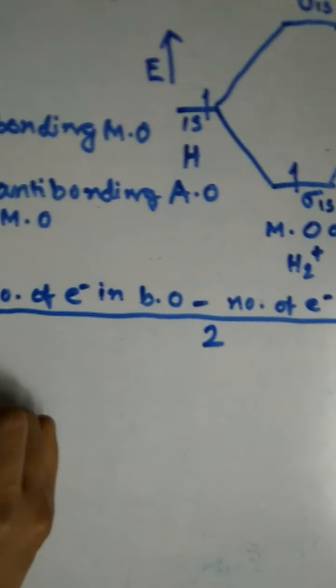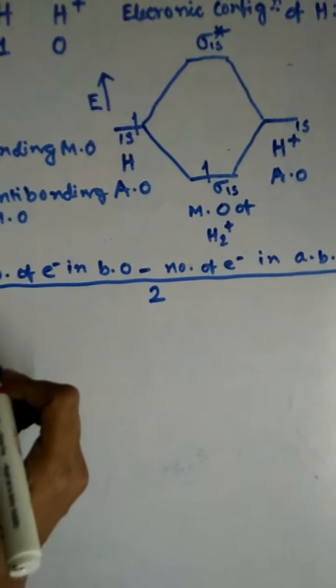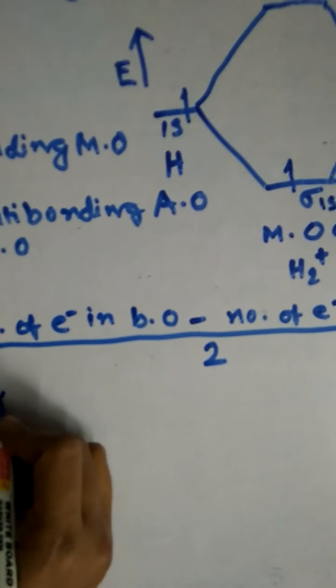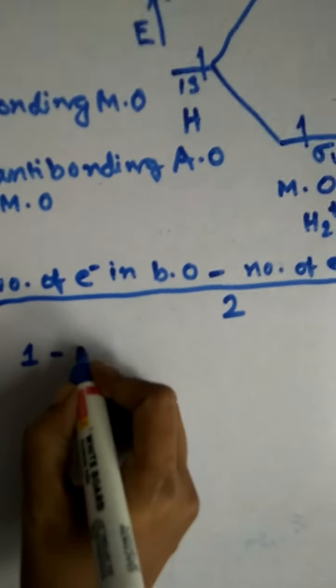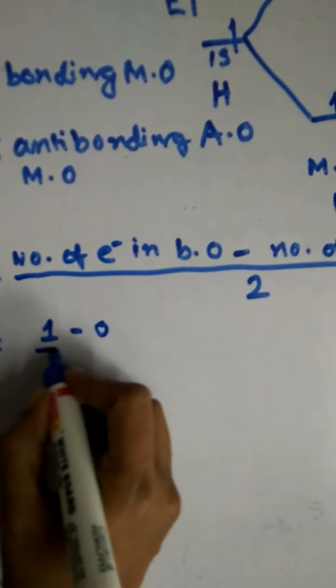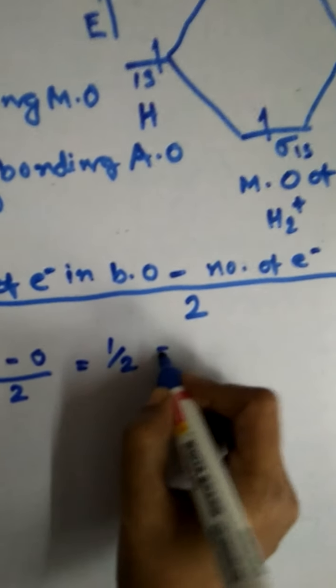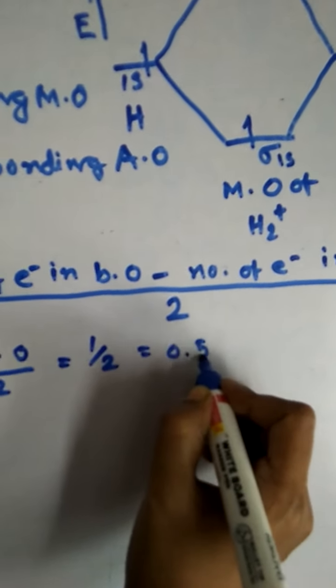So here it is 1 minus 0, divided by 2, so it is half, equal to 0.5.